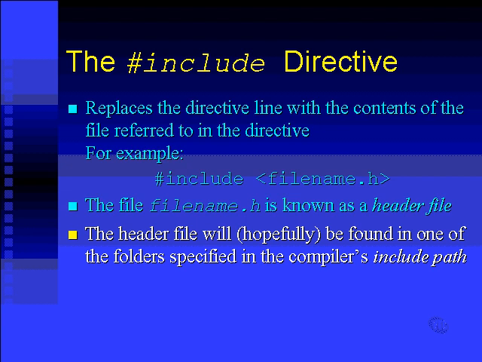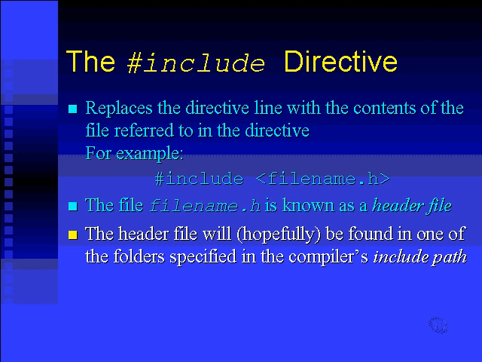There usually is only about 4 or 5 different directories where it goes to look for filename.h. This list of directories that it looks through in order to find header files is known as the include path. I'm going to show you the include path for the Dev C++ compiler in just a moment.